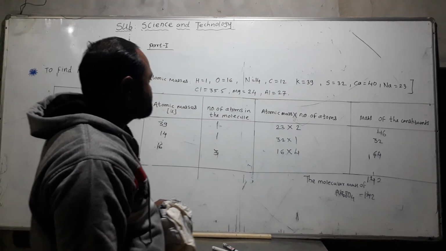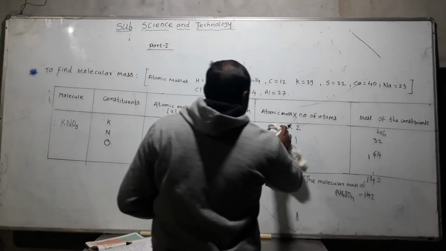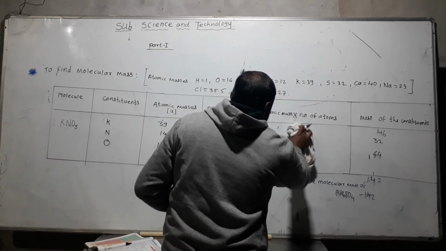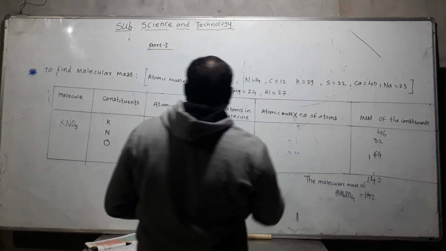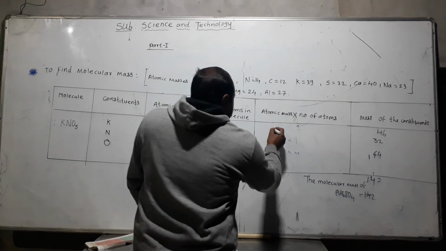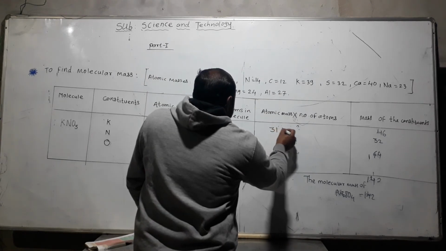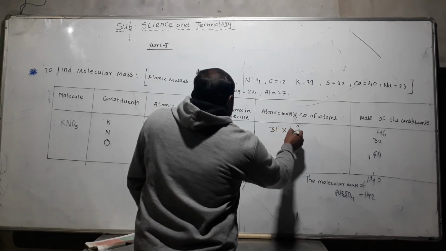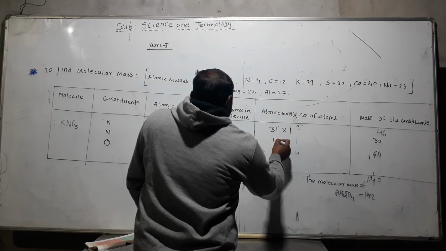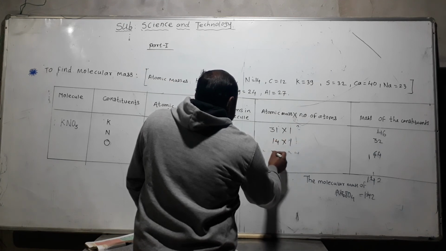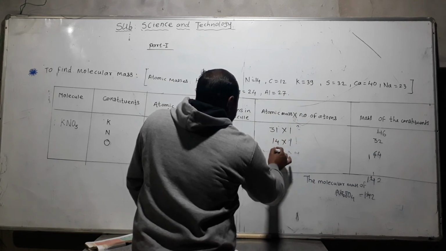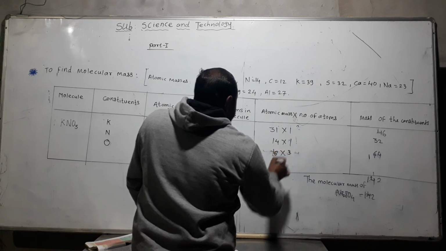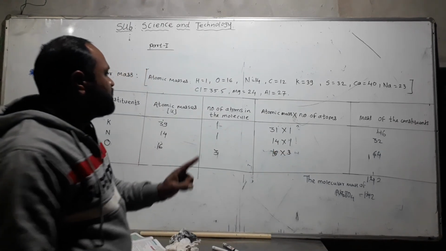Write the atomic mass into the number of atoms: 39 multiplied by 1, then 14 multiplied by 1, and then 16 multiplied by 3.